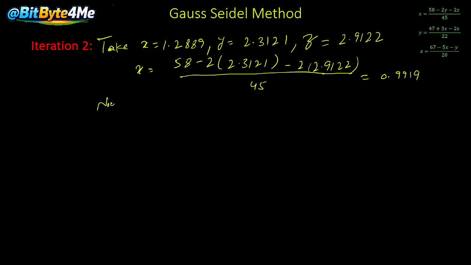So now our values will change. x is 0.9919, y is equal to 2.3121, same as the previous one, and z is equal to 2.9122.